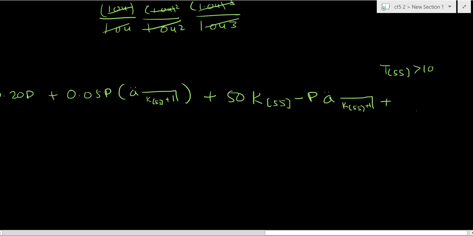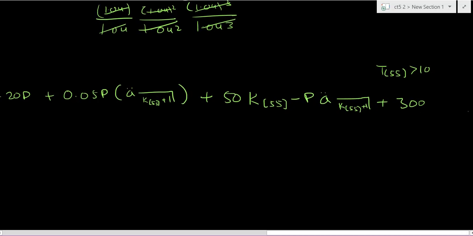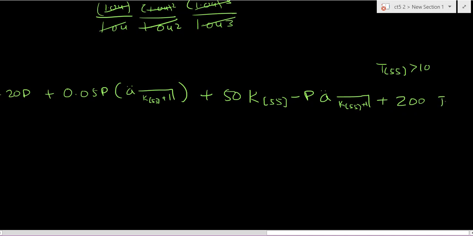So if that expense increased 4% every year and the interest rate was 4%, that would cancel out, so it would be equal to 300 only, and it would be paid whenever the death claim arises. So it won't be affected by the time of death, because it would be discounted with the same amount as well. Okay, so this becomes 300 only. Okay, it becomes 200 only. 200 was the amount of expense. So it becomes 200 only, and this is if T55 is less than or equal to 10.